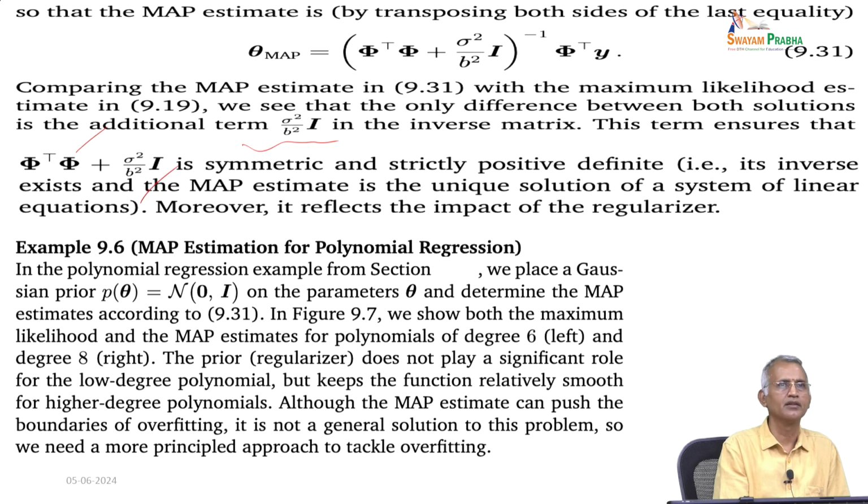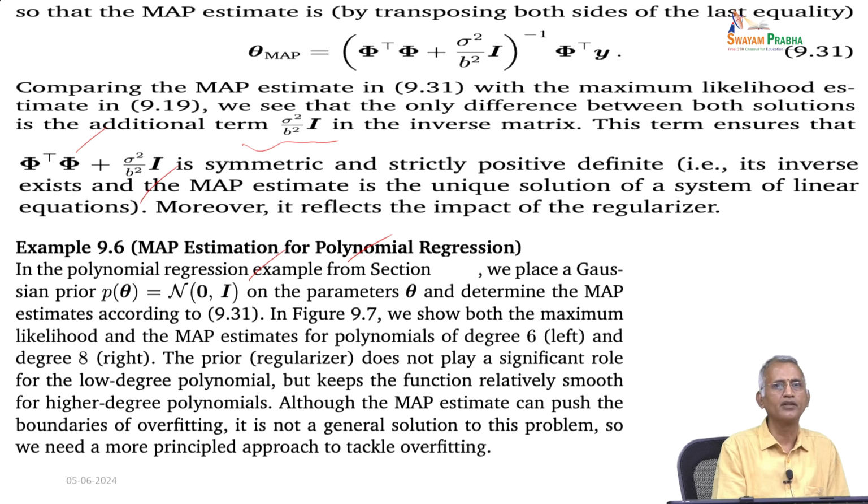Next example, MAP estimation for polynomial regression. In the polynomial regression example from the section, we place a Gaussian prior p of theta equal to N of 0 comma I on the parameter theta and determine the MAP estimate according to equation 31.